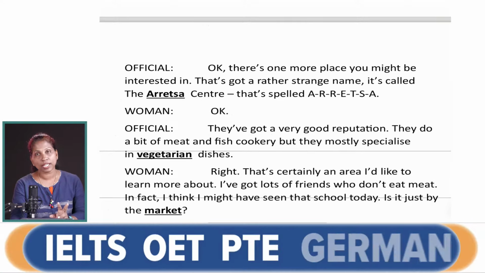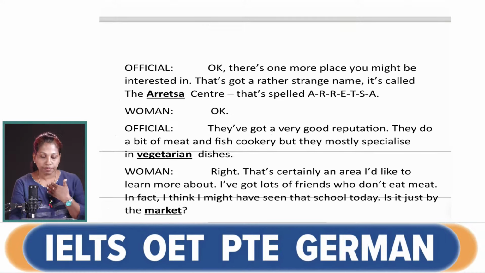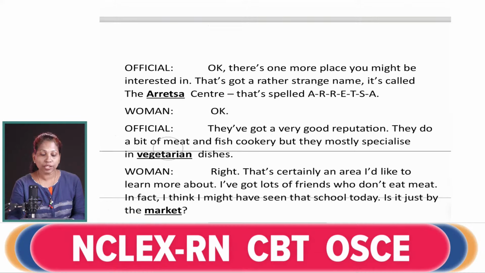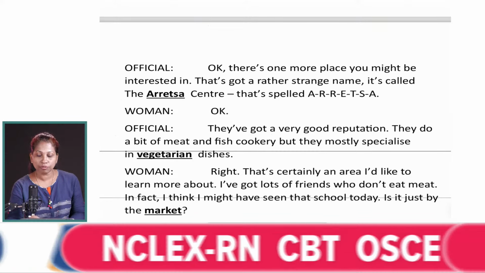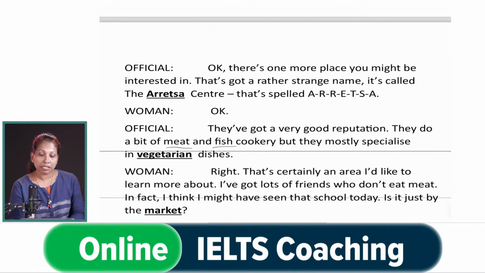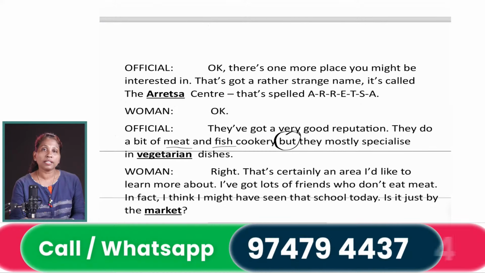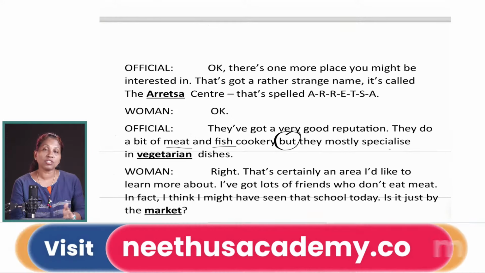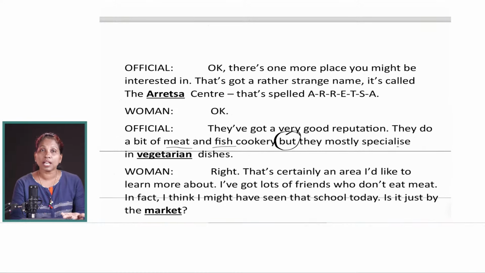Now it has got two types of things they have mentioned. They do what kind of cooking? They do meat and fish cooking. But now I always say that but is synonymous to however or such linkers, which disqualifies the previous sentence and is a signal that something else is going to come which will be the answer.